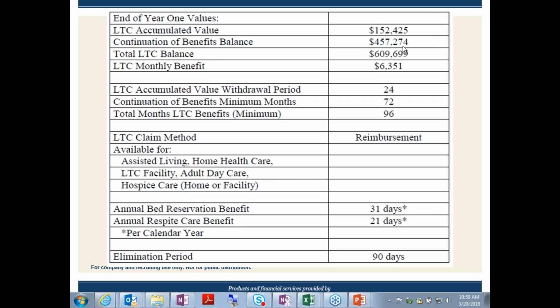We took $150,000 sitting in an existing annuity that had major tax consequences, turned that into almost $610,000. All of it 100% tax-free. If he wanted his 150 back, he gets it in a death benefit, or he gets it over 9 years. There are surrender charges like any annuity, but he can always take his money back. And if he never uses it, he pays out as a death benefit.